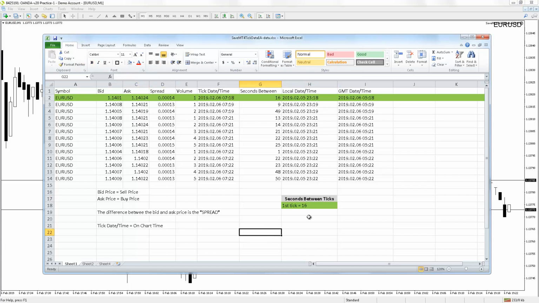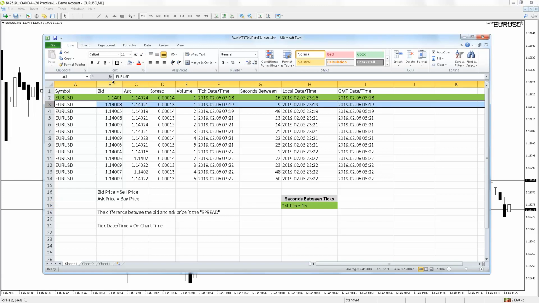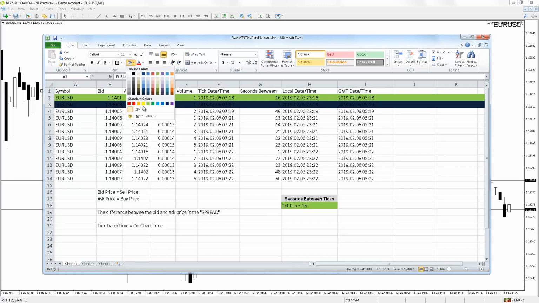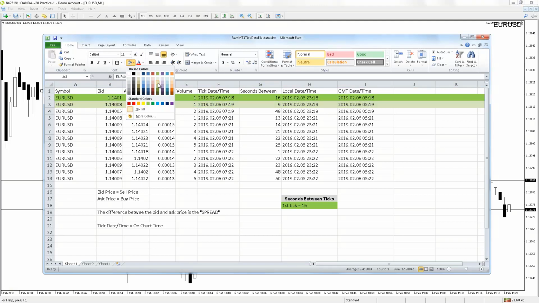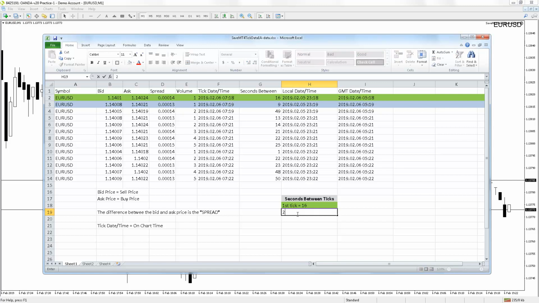Okay, so the second tick, let's go with a light blue. So the second tick equals 9.